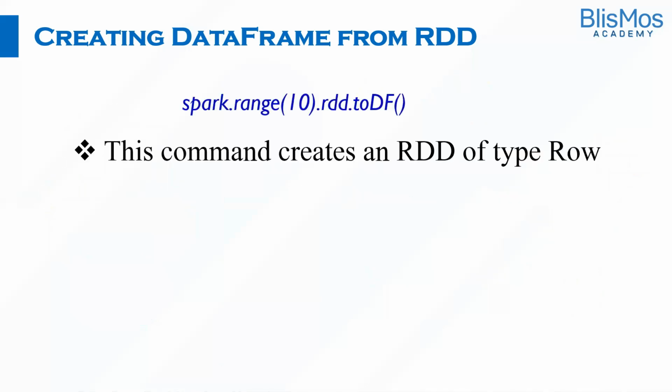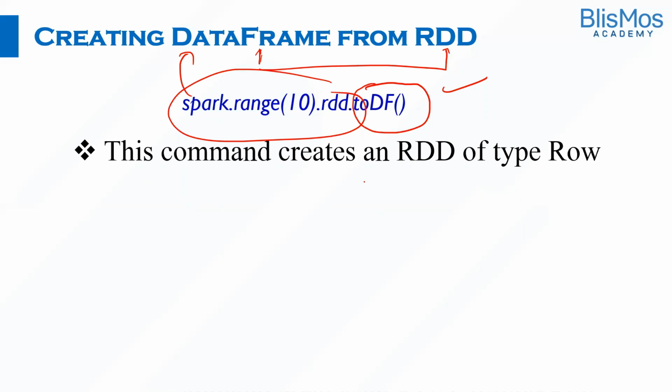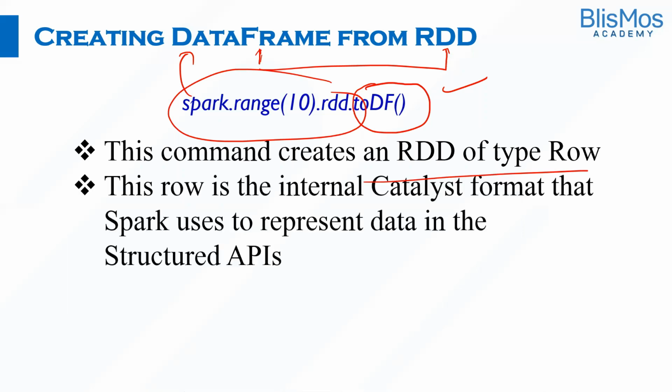Some of the aspects we have to remember whenever we create a data frame by using the RDD. So this is the command we already discussed. toDF is the method we are using on an RDD to create the data frame. As I already indicated, this is creating an RDD of type Row. This Row is the internal Catalyst format that Spark uses to represent the data in the structured APIs.